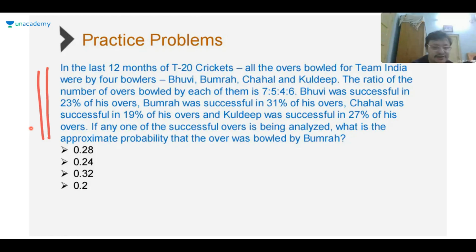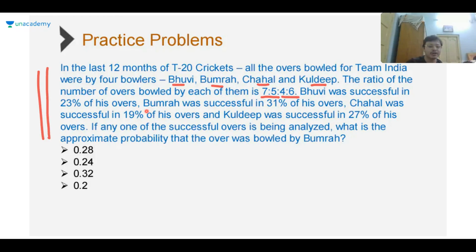Next question. This is a pretty lengthy question. There are four bowlers: Bhuvi, Bumrah, Chahal, and Kuldeep. They bowled overs in the ratio 7 is to 5 is to 4 is to 6.